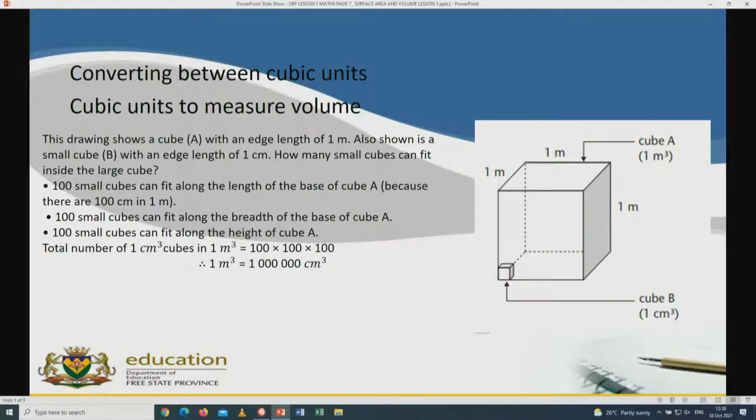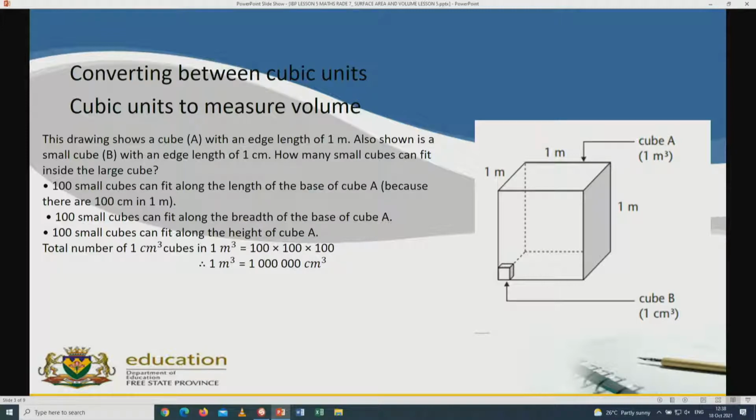Inside this cube A, I have a small cube B. Can you see it down there, labeled as cube B? Its volume is 1 centimeter cubed, or 1 cubic centimeter. It is inside a big cube A with a volume of 1 cubic meter. We are going to fill up this cube A with little cube Bs, each with a volume of 1 cubic centimeter.